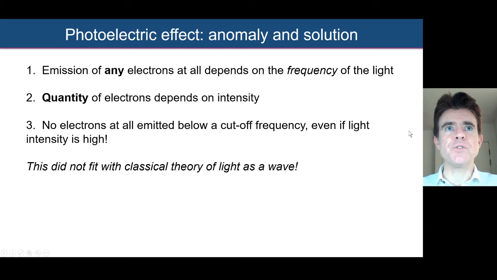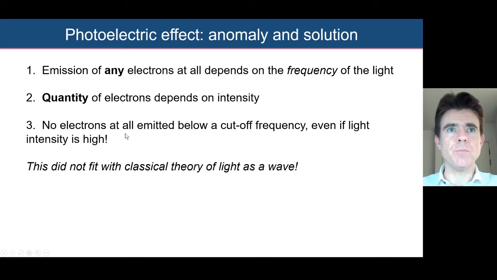So then, this is the situation. We notice that basically we get emission of electrons in accordance with the frequency or the color of the light incident on that emitter electrode. And we can get more photoelectrons, more electrons emitted by the photoelectric effect, by increasing the intensity of that light.